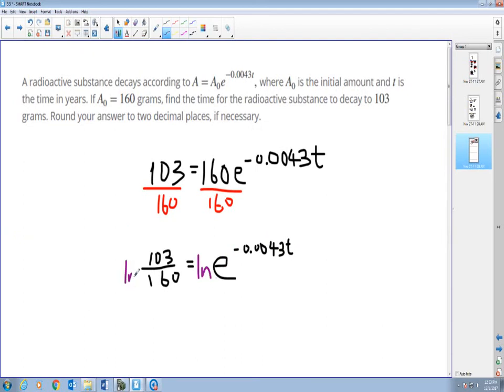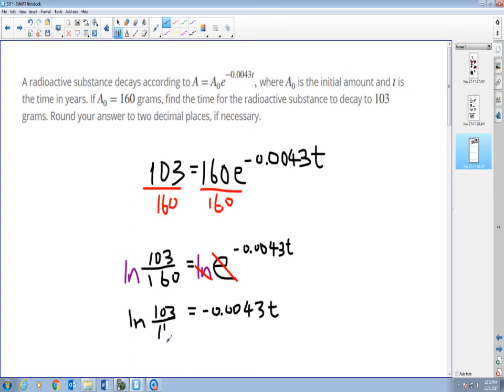Alright, take natural log on both sides. So the right side, the natural log and e will cancel out. So this is what's left over, which is negative 0.0043t, equal to the natural log of 103 over 160.